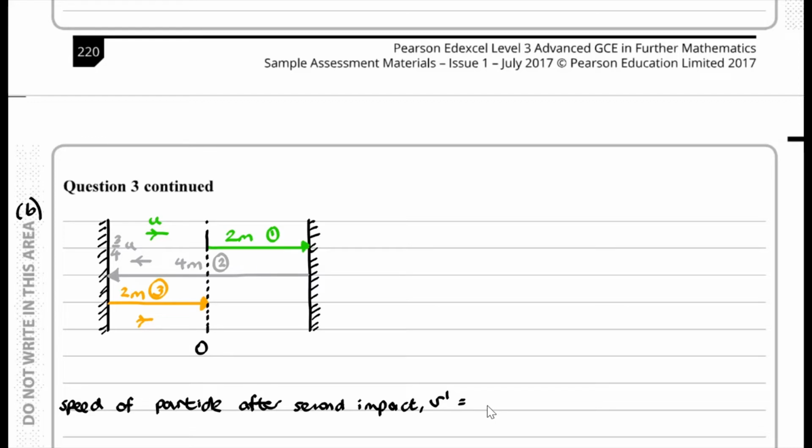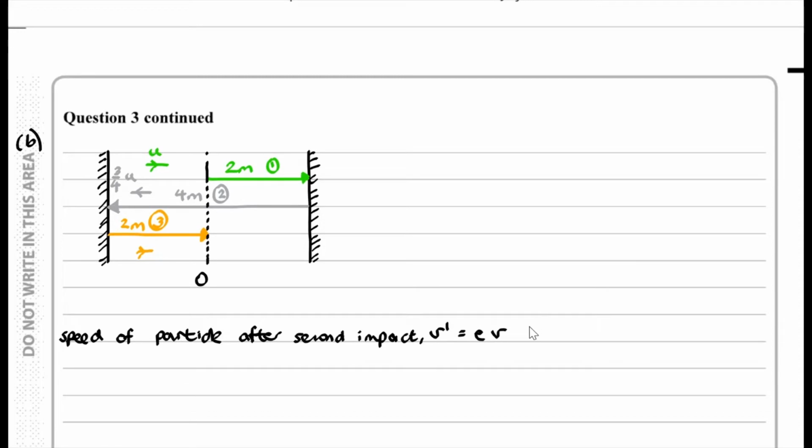and that's equal to E times by V. So you can think of this to be the speed of rebound equals E times by the speed of approach. It's approaching at 3/4 u, and we already know that E on both walls is equal to 3/4. Hence, we have 3/4 multiplied by V, which is 3/4 u.